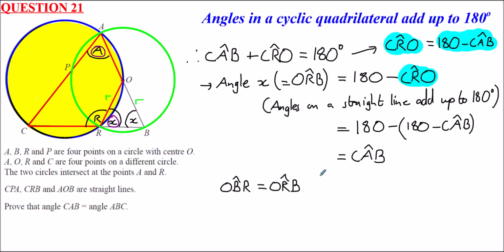And the reason for that is ORB is an isosceles triangle. And the labelling on here will prove to the examiner that you know that for this reason both these sides are radii. So ORB is an isosceles triangle.